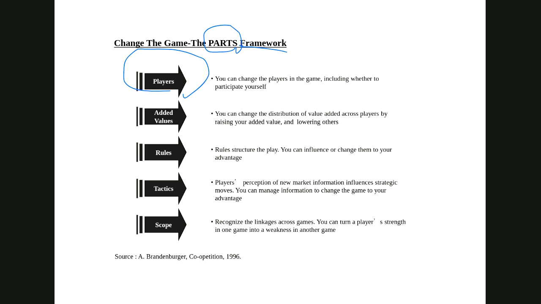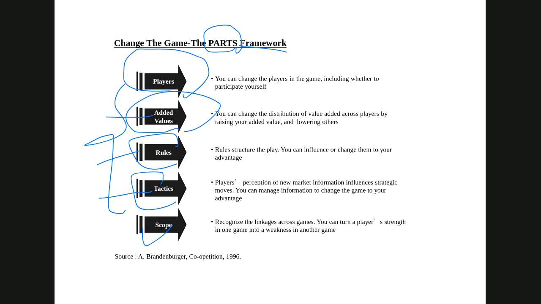Players, added value, rules, tactics, scope. Maybe you can understand that as five elements, like the five elements in Sun Tzu's Art of War. Okay, five elements. That is enough for you. Rules, added value, tactics, scope, and the players, absolutely, there are people.